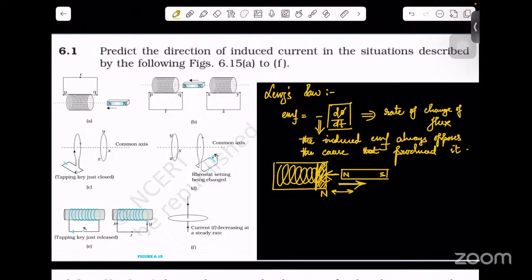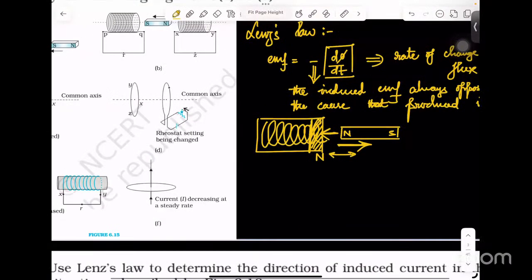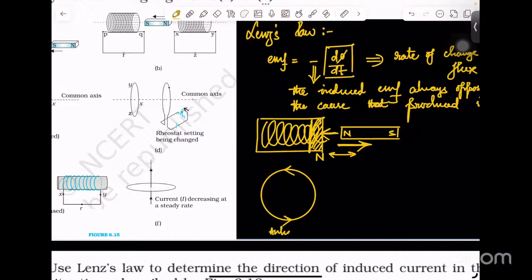So while looking at the coil right in front of us, if the current runs in the anti-clockwise direction, that is considered as the north pole.